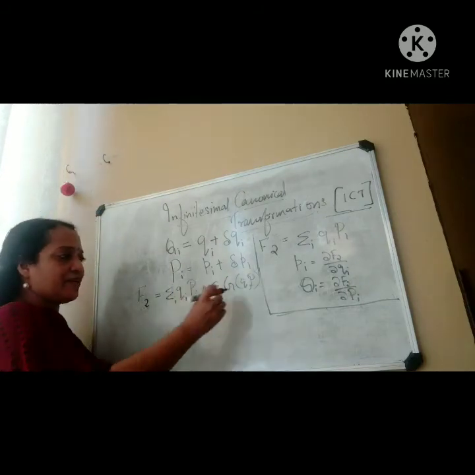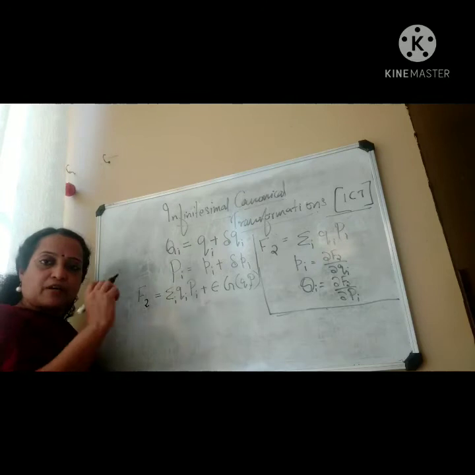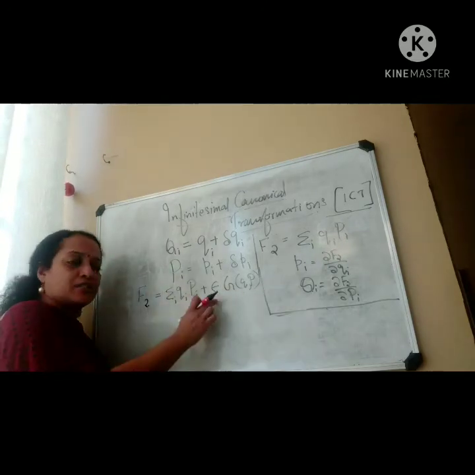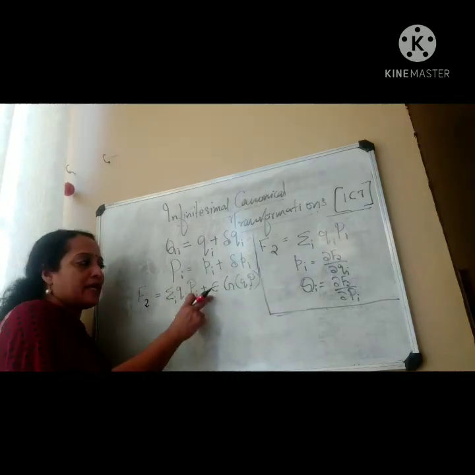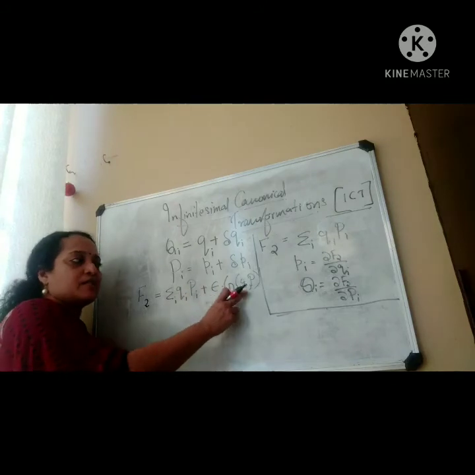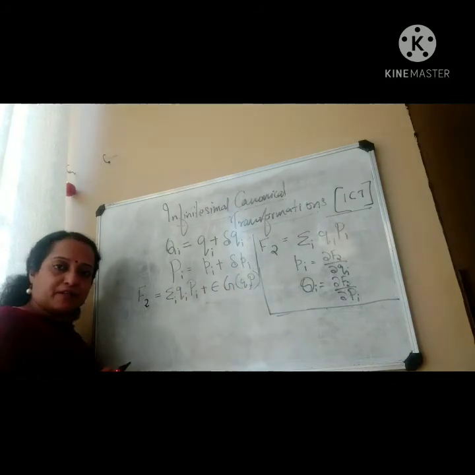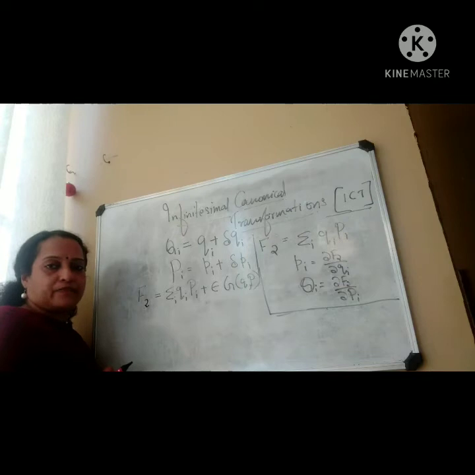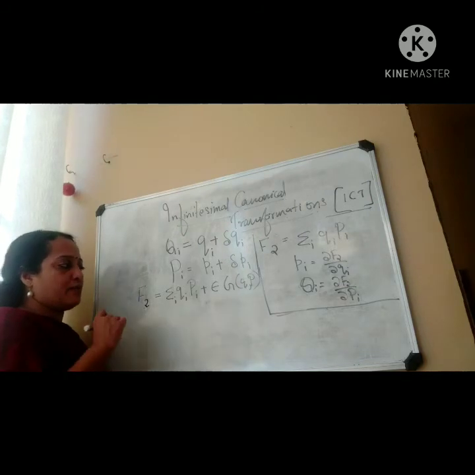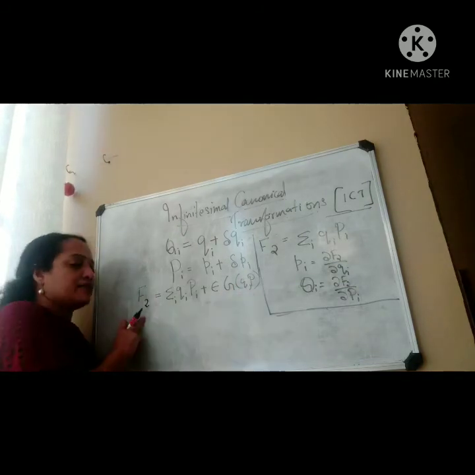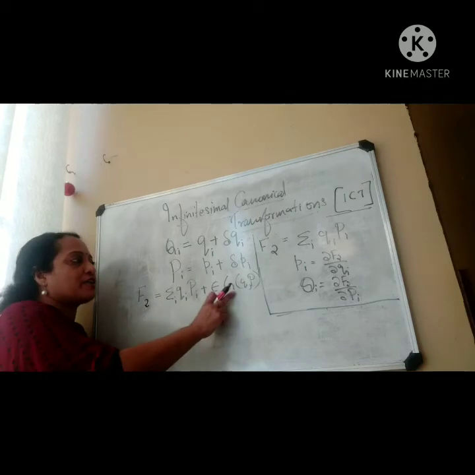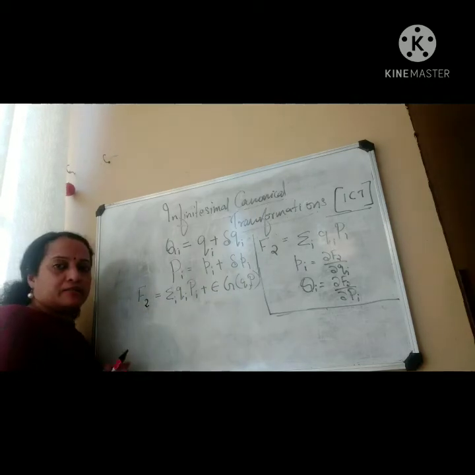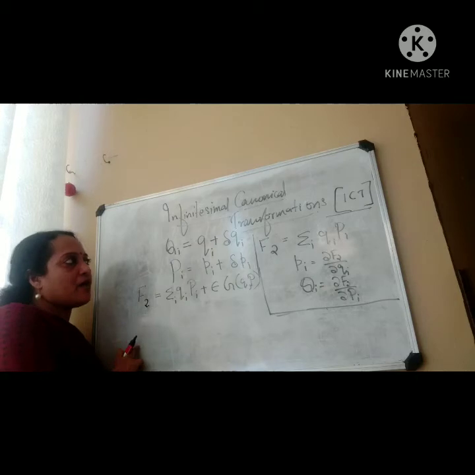So it differs from the generating function for the identity transformation by a small amount, epsilon into G of q, p, where G is the generating function for the ICT, the infinitesimal canonical transformation. This is the total generating function for the ICT.